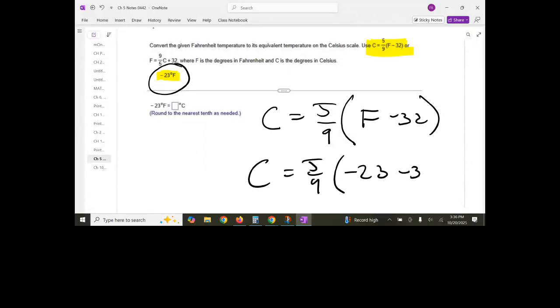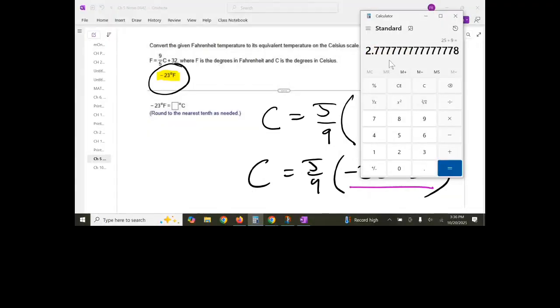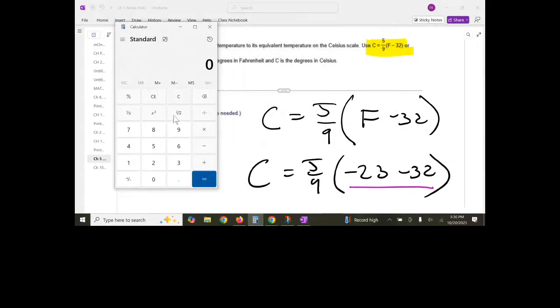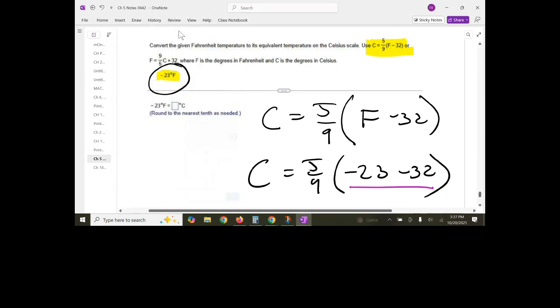Negative 23 minus 32. Y'all, just like y'all told me right now, we got to do what's on the inside of those parentheses. So check it out. Look, I'm going to take my calculator right here, clear it out. 23, oh, but it's a negative 23. There it is. Minus the number 32, negative 55. Okay.